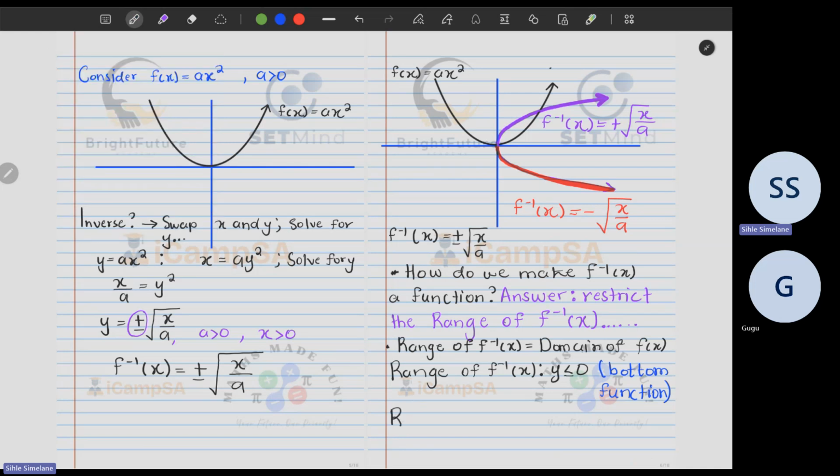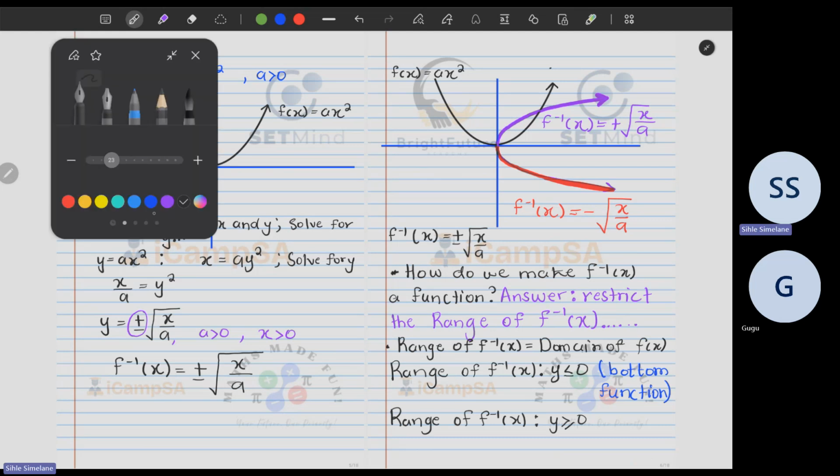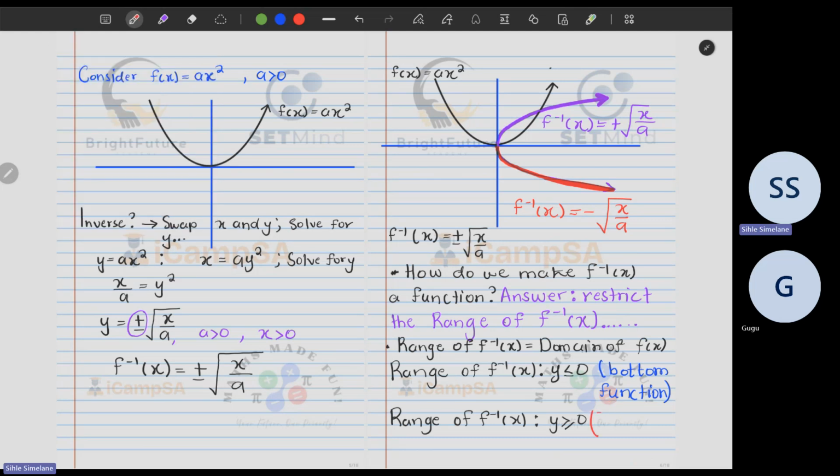However, if we want to restrict such that we have the top function, we would say let y be bigger or equal to 0. And this would only leave the top function, or the top part. That would be us forcing this thing to be a function.